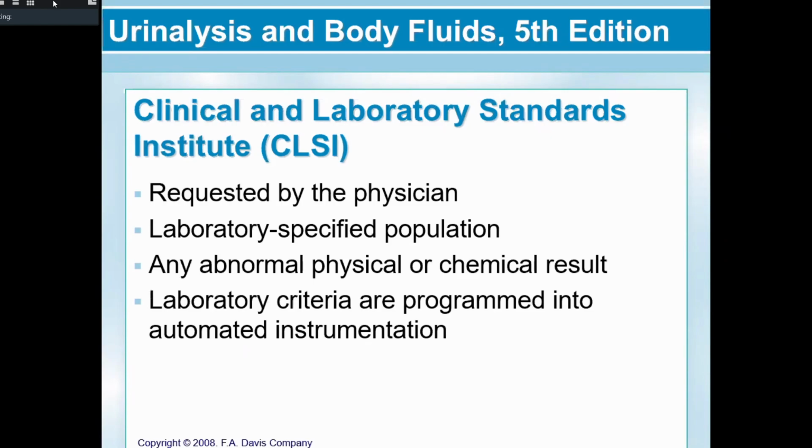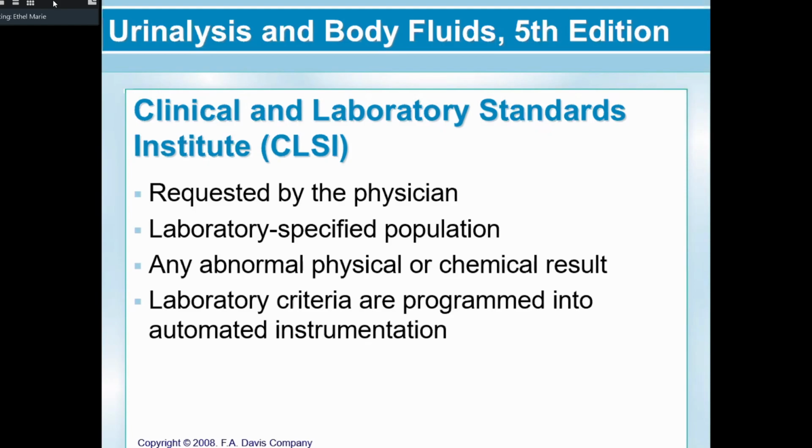It tells us when we should perform a microscopic exam on urine. We have four conditions. Number one, when it is requested by the physician, or when the specimen comes from a laboratory-specified population.